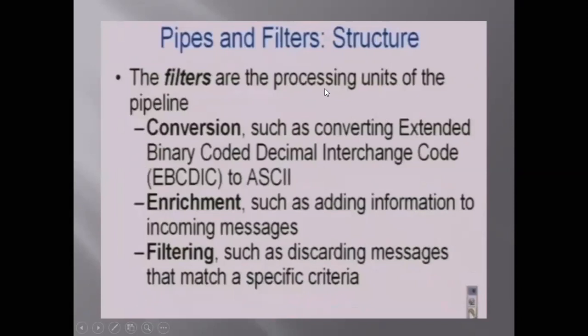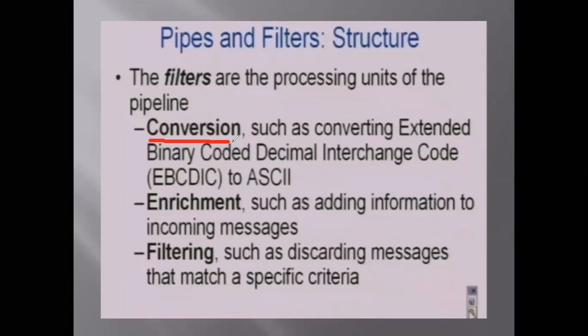Here, the filters are the processing units of the pipeline. As I said, the filter will be doing the task of computation. Let us highlight a few of the tasks done by a filter. The filter can do the task of conversion. It can convert the data format from one format to another format.